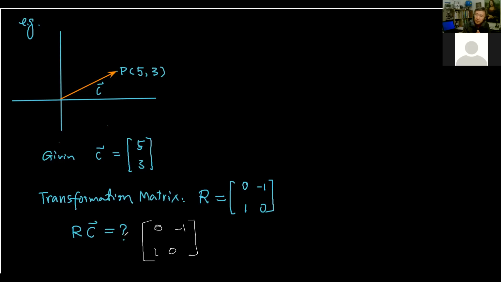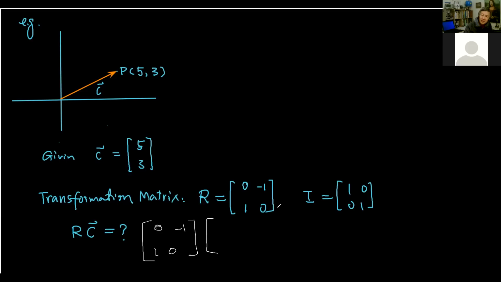Before you go to detail, can you tell me what type of result we would obtain? R looks like the unit matrix, but it's not. Don't forget that just because you see 0, 0 doesn't mean it's the unit matrix. The unit matrix is 1, 1. It looks like it, but it's not.